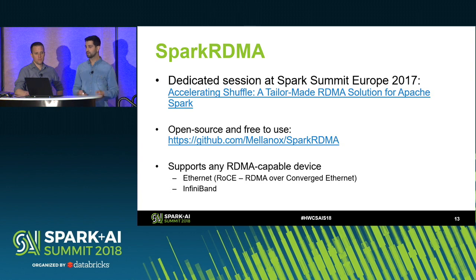So as I said, it's an open source plugin, free to use, available on GitHub, where we maintain and publish new versions and bug fixes and so on. There are ongoing discussions there, guides on how to deploy, how to tune, and so on. It supports any RDMA-capable device. That goes for Ethernet with RoCE, which is RDMA over Converged Ethernet, and also InfiniBand, used in this case in Azure.